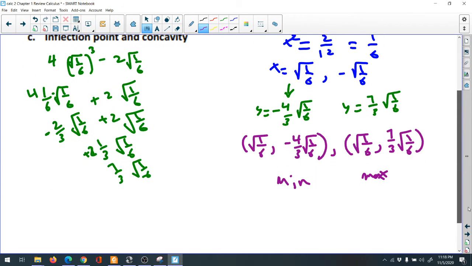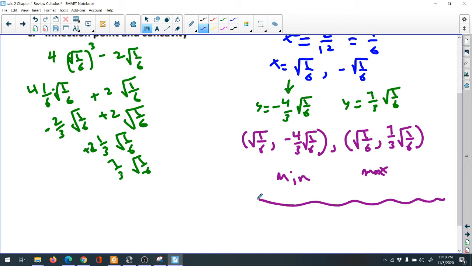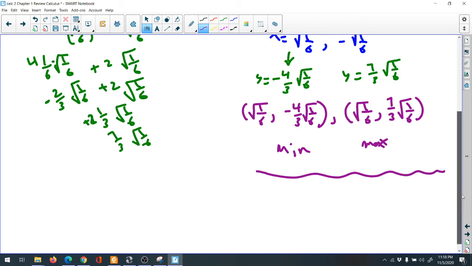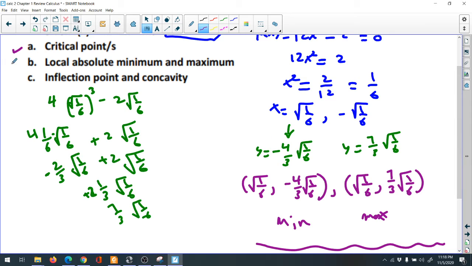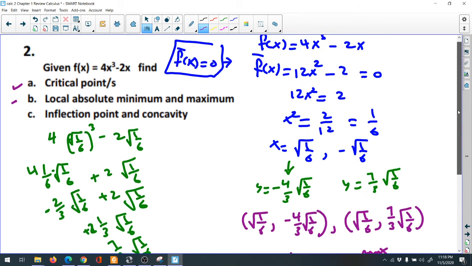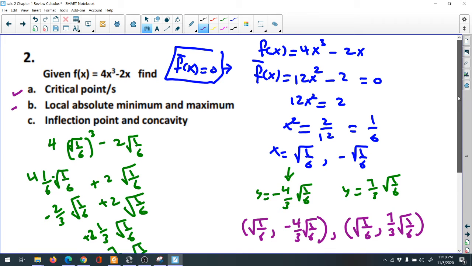Now, in order to find inflection point and concavity, we need to continue. We have to find the second derivative of the function. The first derivative is 12x squared minus 2, and when you find the second, you drop the 2 to be 24x.